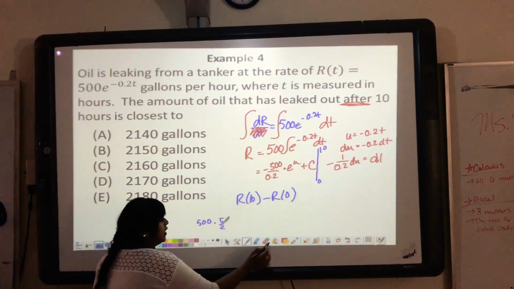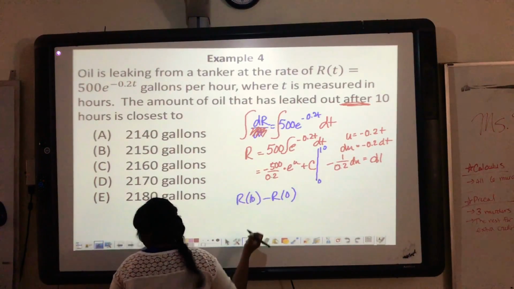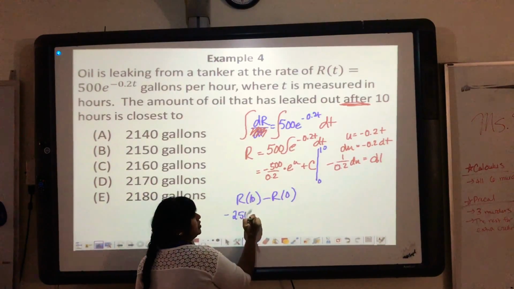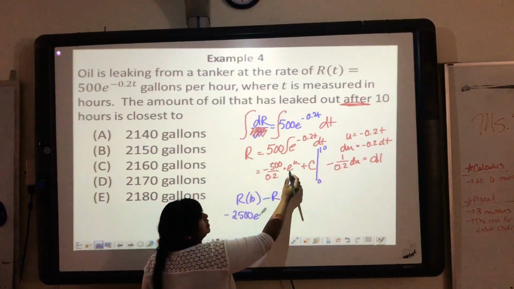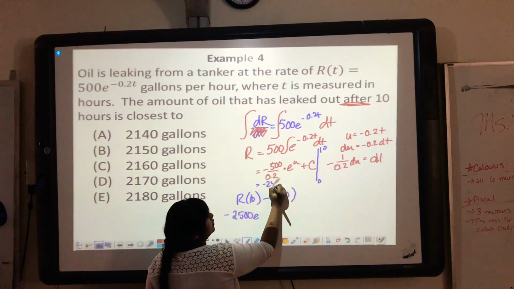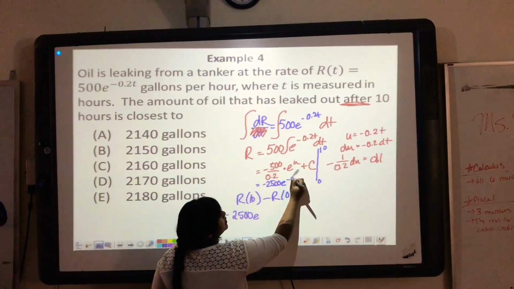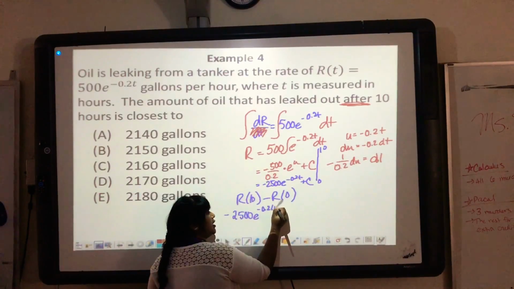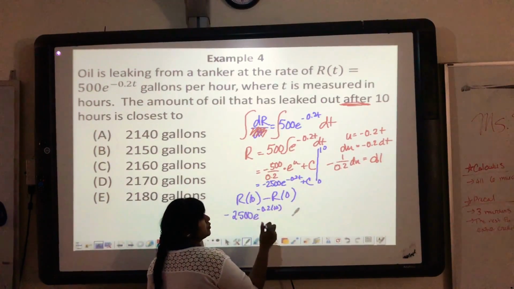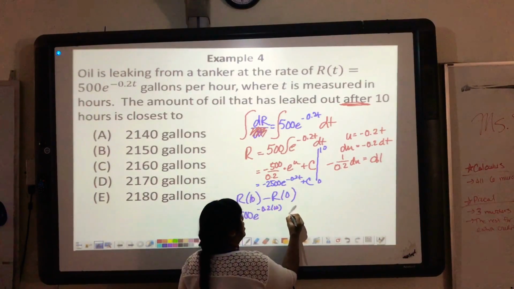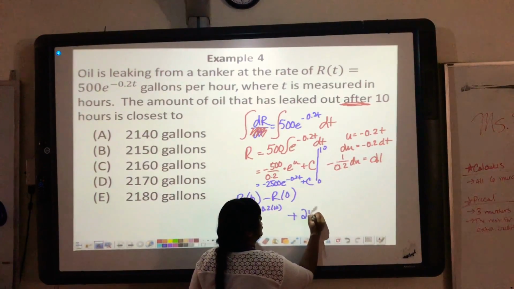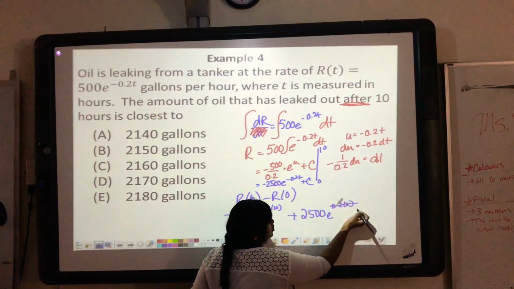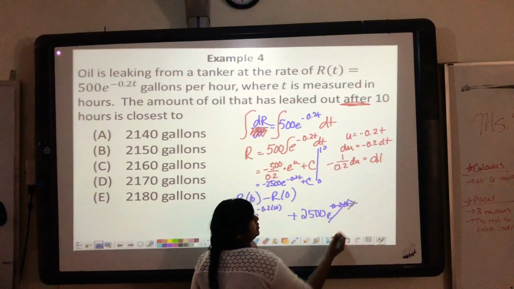So this becomes negative 2,500 e to the negative 0.2t plus c. Let's keep that there. Negative 0.2 times 10. We don't need the plus c because we're actually evaluating it. And then minus a negative, so plus 2,500 times e to the negative 0.2 times 0. Well, this is just going to be 0, so this whole thing is just going to be 1.